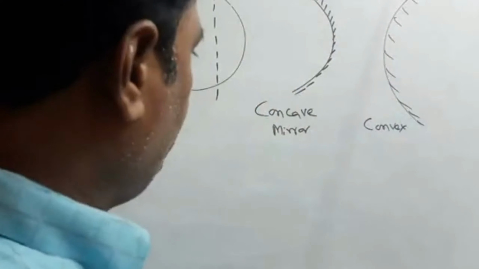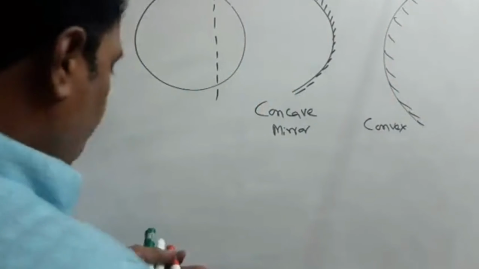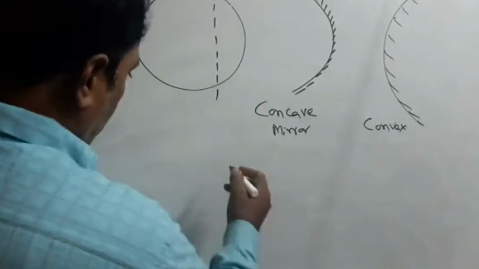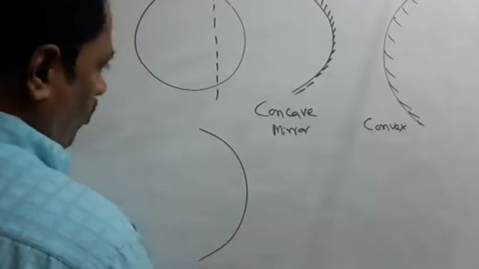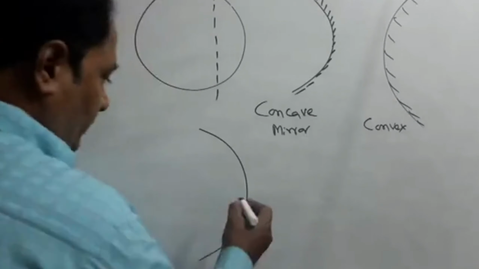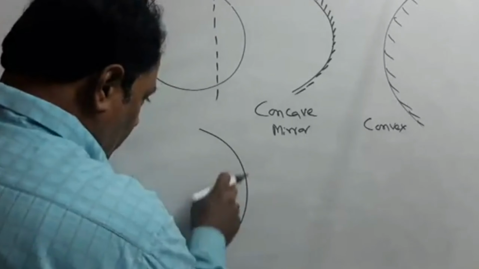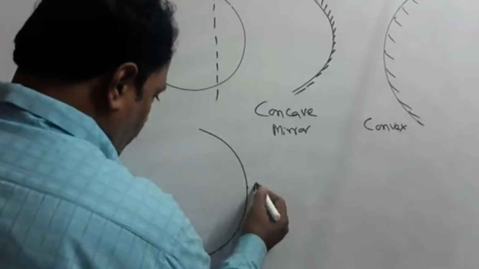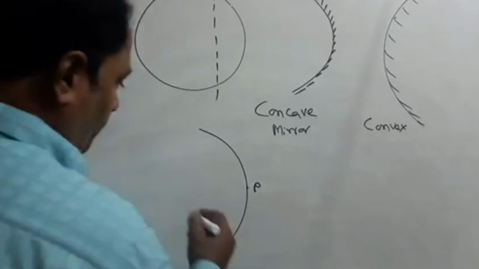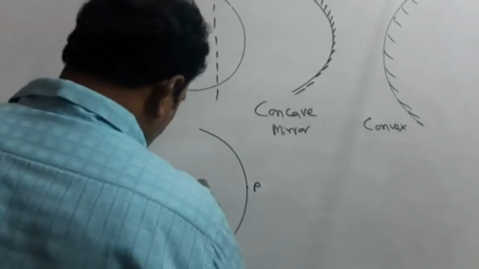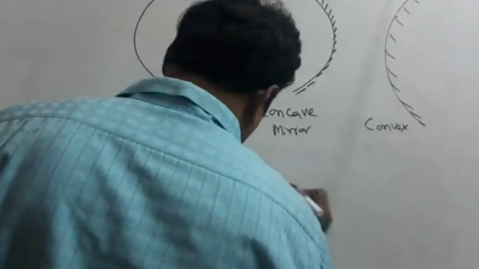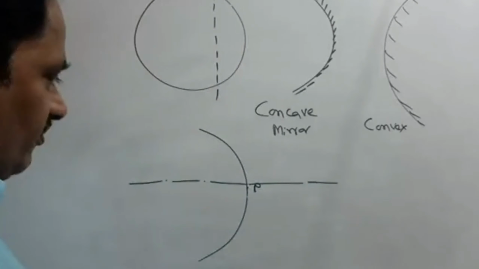The most important part, especially since a number of times we may take a concave mirror: the central part of that mirror, let it be some P, the pole of that mirror. This is nothing but, I can say, the principal axis.